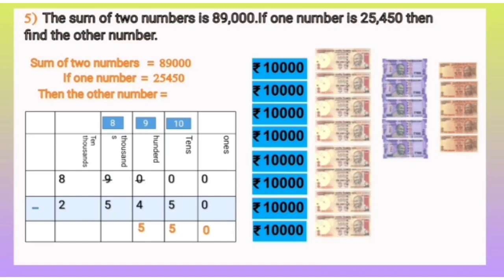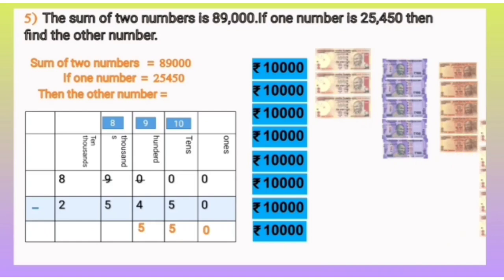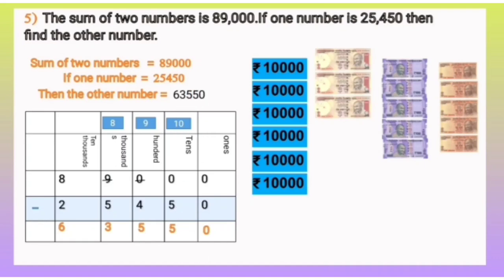Now as we have to subtract 5 from 9 thousands, we'll remove 5 notes of 1,000 and 3 notes are remaining, so we'll write 3 in thousands column. Now 2 notes of 10,000 we will remove. And on removing 2 notes of 10,000, 6 notes are remaining, so we'll write 6 in 10,000s column. So the second number is 63,550. So that's our final answer.